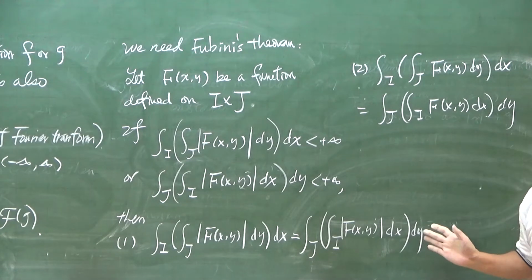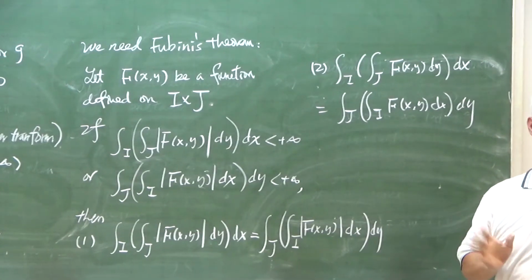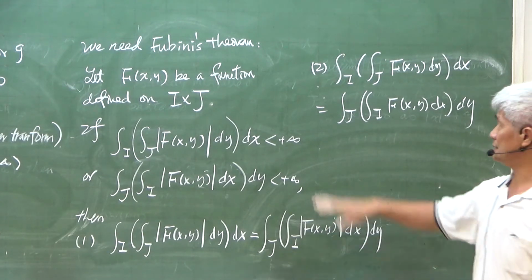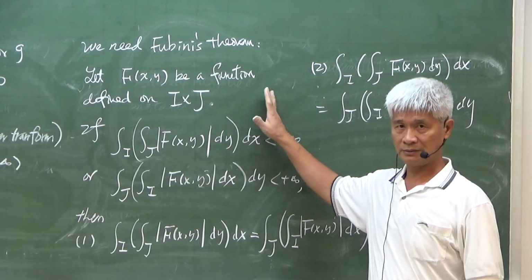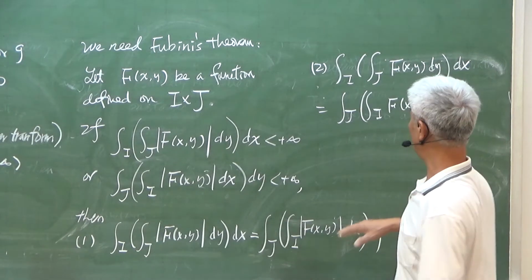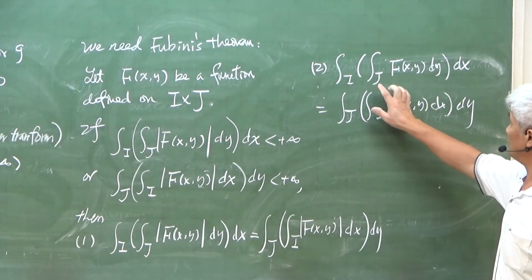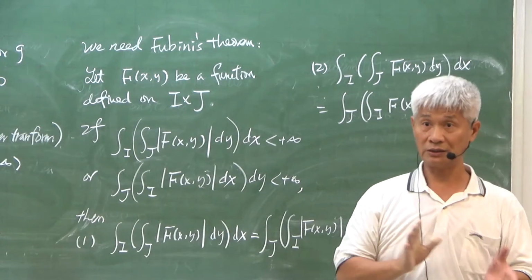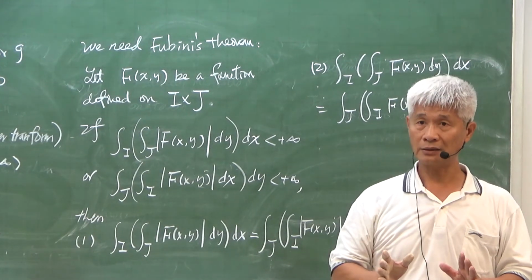That is Fubini's theorem, a very useful version. Of course, there are different versions of Fubini's theorem, but this is the most useful one. Whenever you evaluate a double integral and need to change the order, how do you know it is valid?